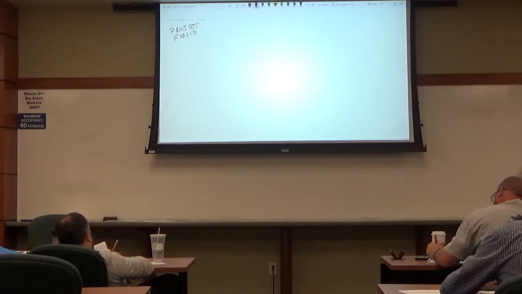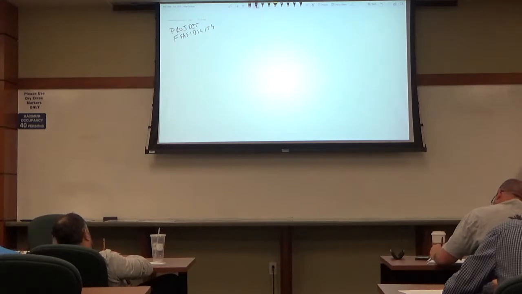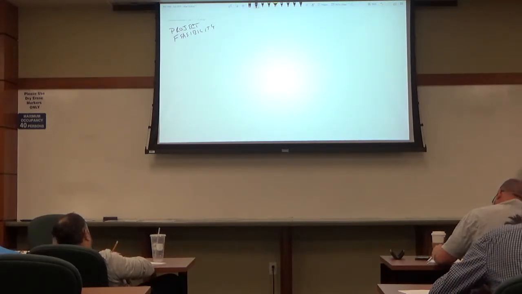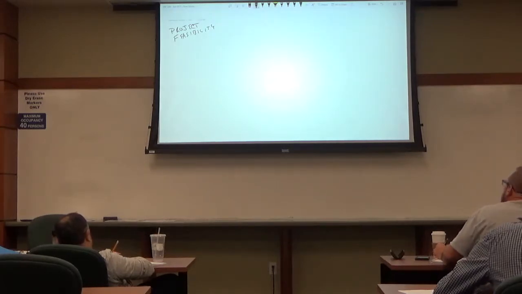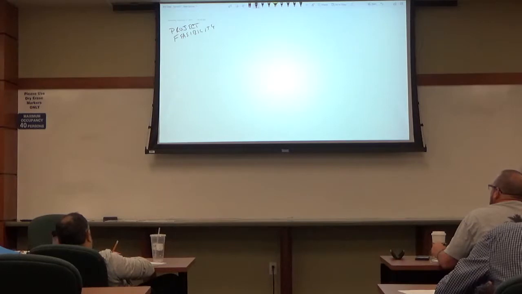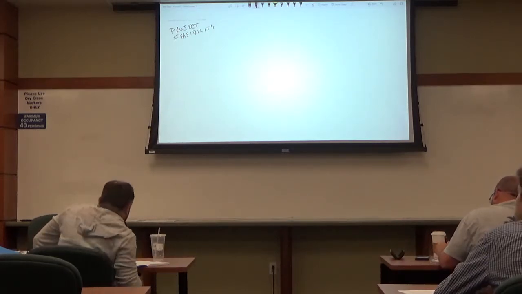So we're gonna, once again, sort of force you into doing some basic calculations on project feasibility. So let's say that we've got a project and you have determined that the minimum rent that the project needs to generate is how much per square foot per year? 30.